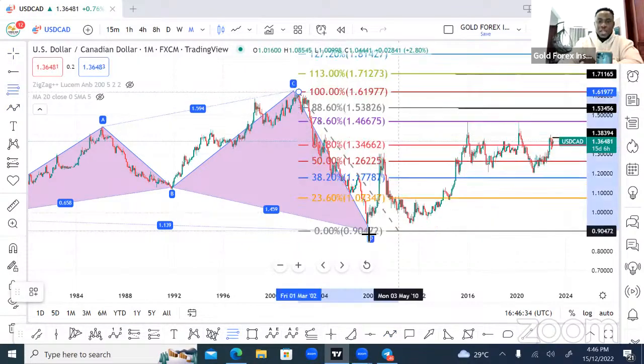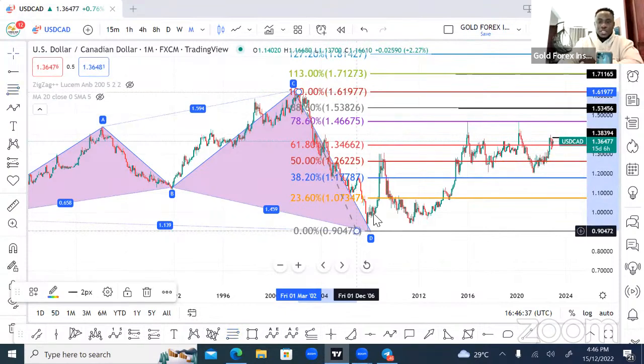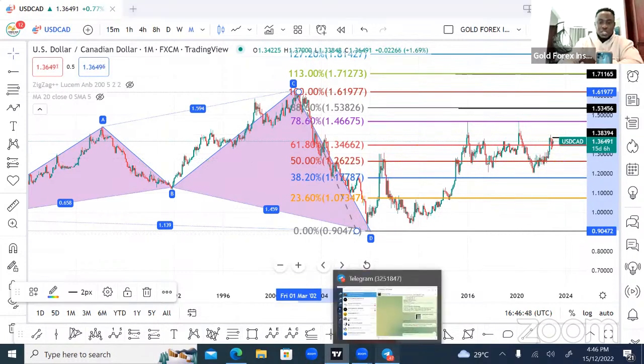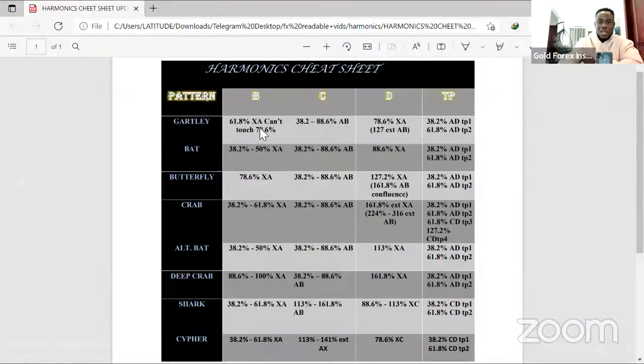Remember we've already done the DXY, which is giving us a bullish pattern for some time. Now, this 50, when you use your harmonic cheat sheet, you realize that the ones with the B at 50 is the bat pattern. Butterfly is out, so we have the crab at 38, bat, and alternative bat at 38 to 50. So basically it will be between the bat pattern and the alternative bat pattern.